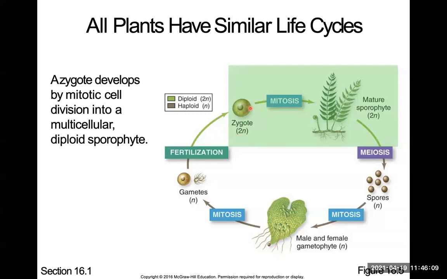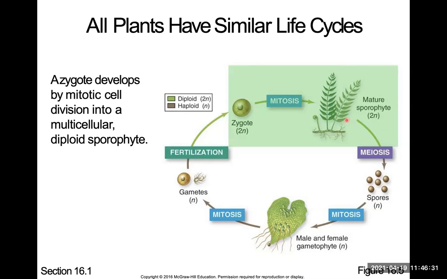Then it starts to divide through mitosis, and once it divides, it's going to start growing like this. And this is called a sporophyte. The reason it's called a sporophyte is because it makes spores. So it's also diploid because the zygote was diploid.